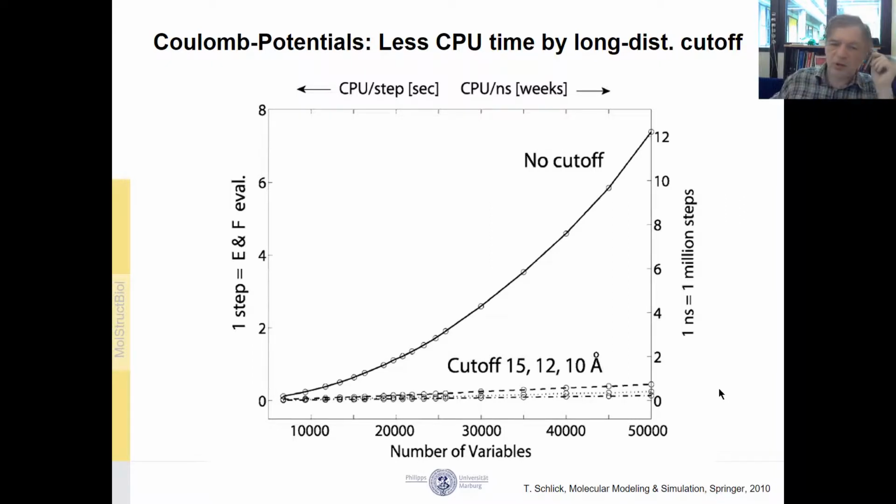Here the typical cutoffs are shown at 15, 12, and 10 angstrom. You reduce the number of interactions and variables you have to calculate, and by this you can reach considerably longer simulation times than when skipping this.